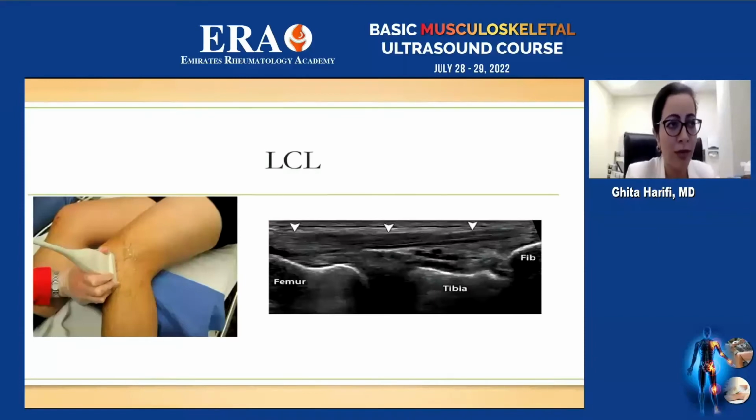In this oblique plane, you can appreciate the hypoechoic fibrillar LCL, extending from the lateral femoral condyle to the fibular head. You put the probe at the femoral proximity, you should be able to see the popliteus groove, and then you sweep the probe until you see the fibular head. At this level, you can see the fibrillar structure of the ligament.